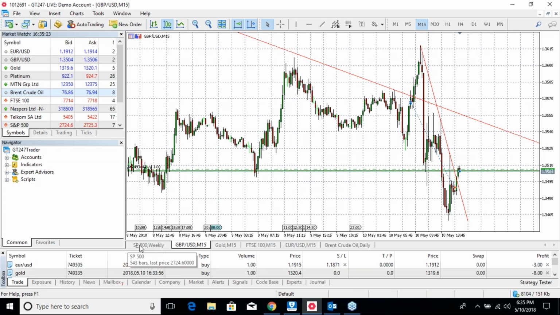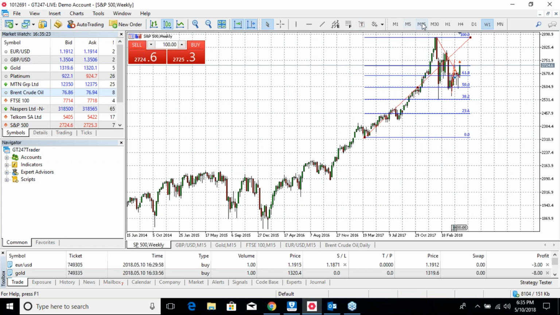And last but not least, we're going to look at the S&P 500.